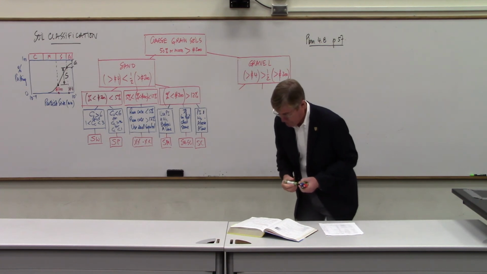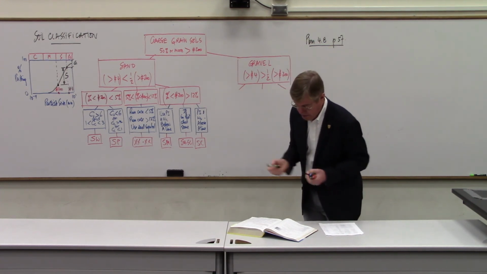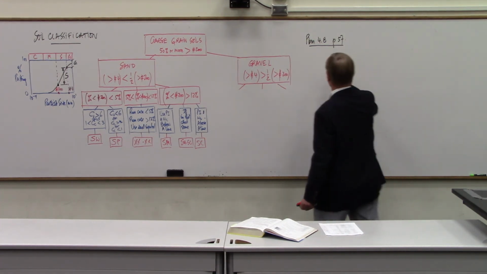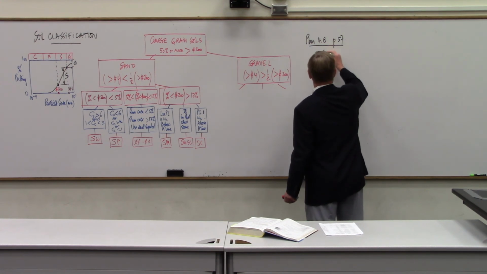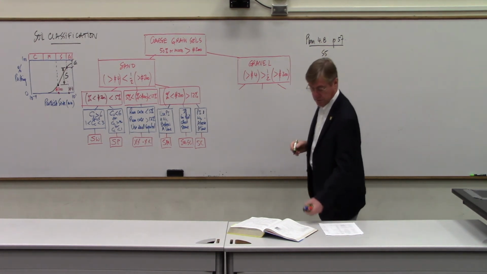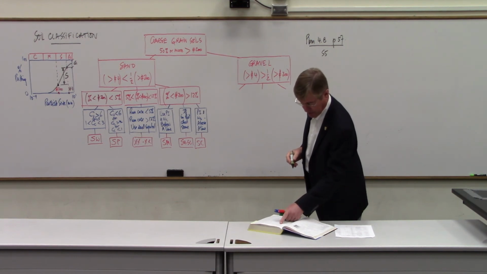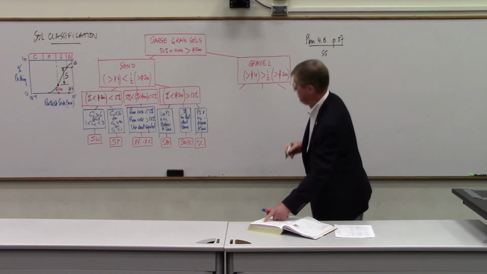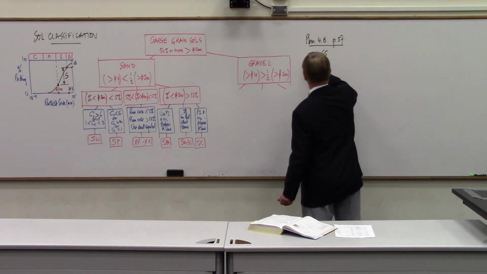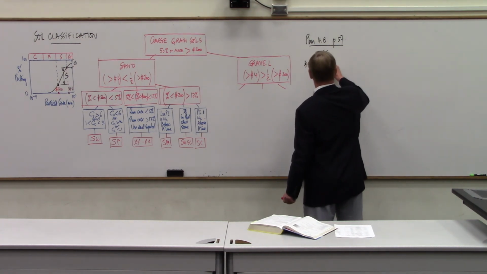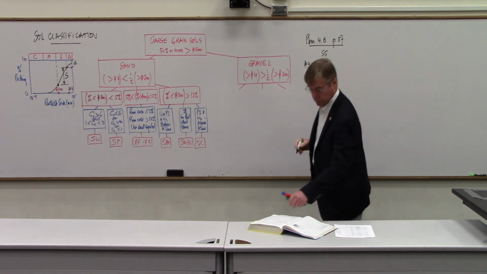Let's start with S5. So S5 is a soil, and we've run a number of classification tests where sieve number 4, 100% goes through.